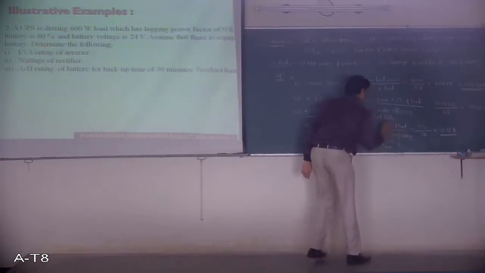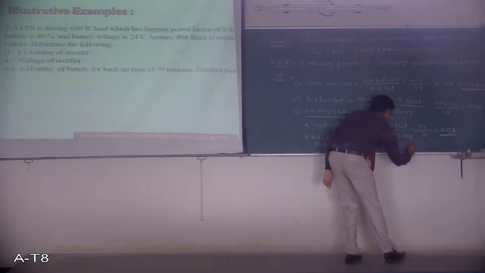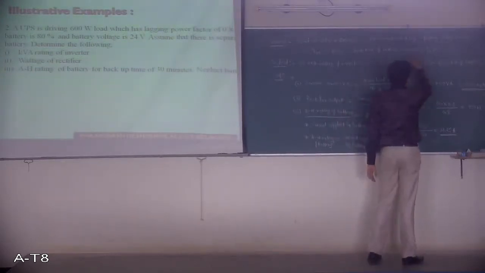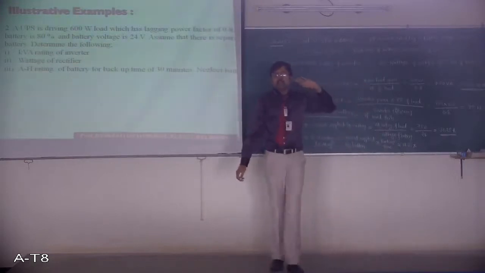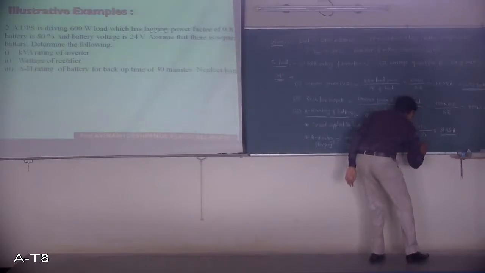So that means it is 31.25 into, you have to multiply it by the backup time. Remember, it is given in minutes, convert it into hours. It will be 0.5 hours, isn't it? So multiply it by 0.5.